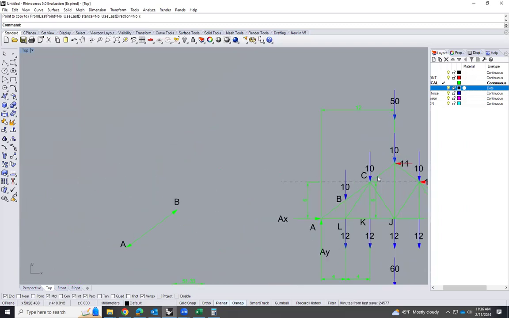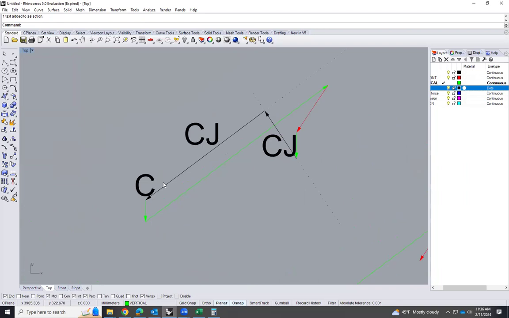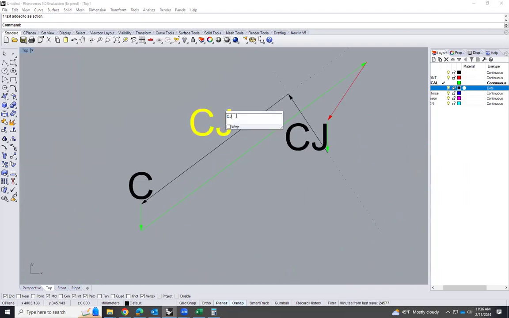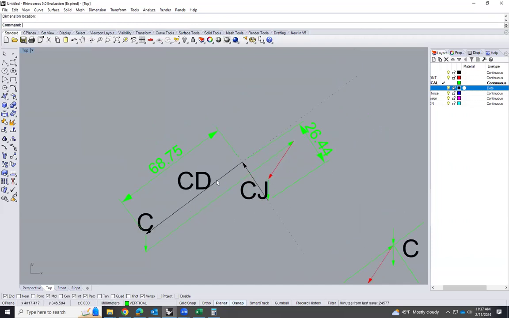I think that's point D. So that bar has dimensions 68.7 and 26.44.